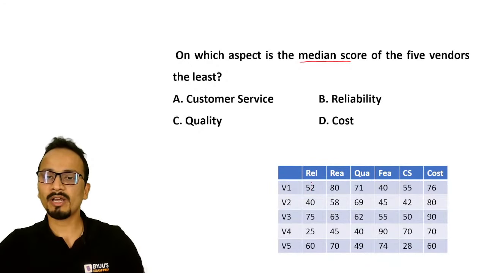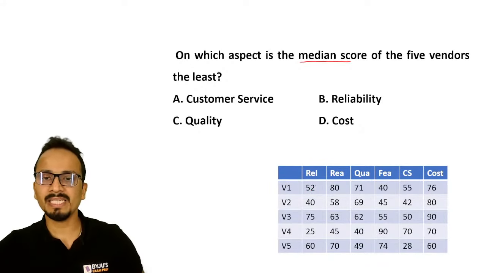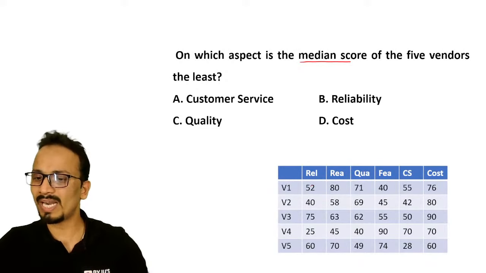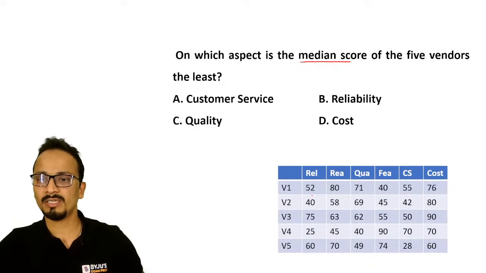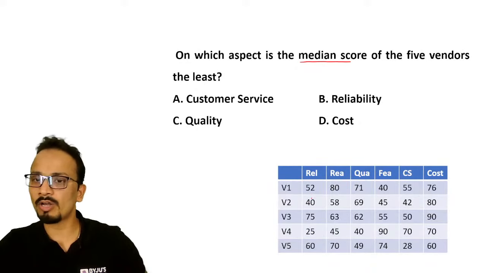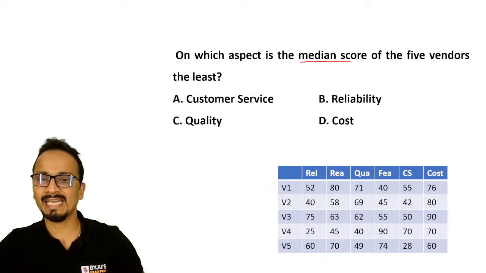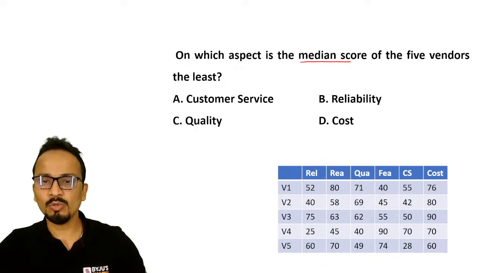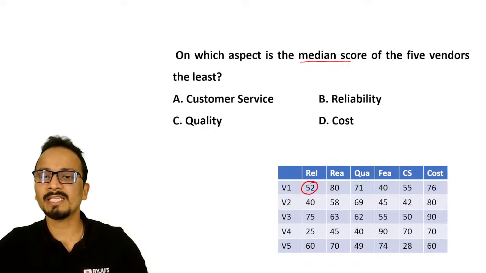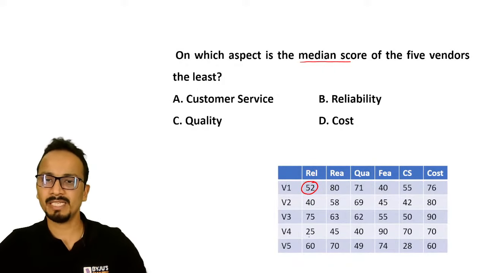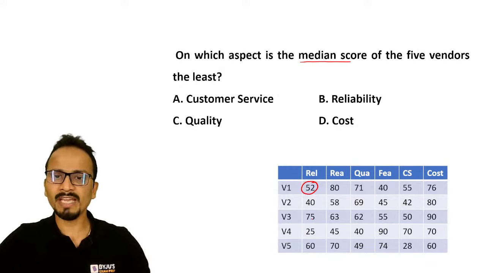So for reliability, what is the median? Come on, what is the median for reliability? Yes, anyone? So middle value, 25 is the smallest, 40 is the next value, so 52 I can say is the median for reliability. Okay, fine.